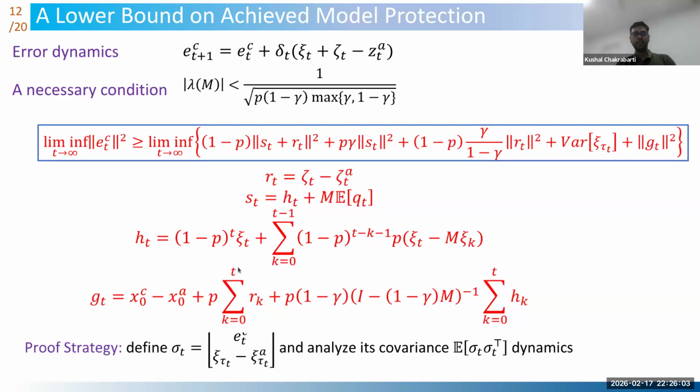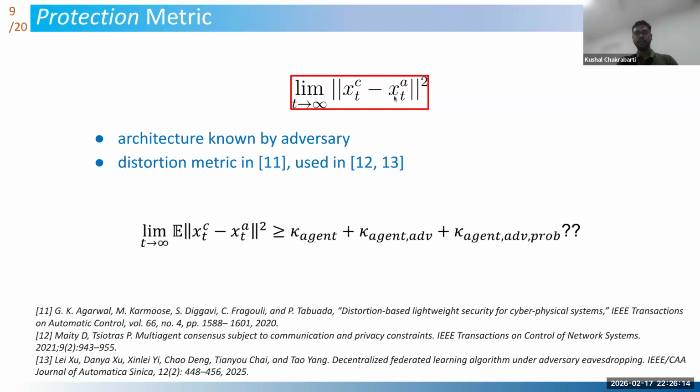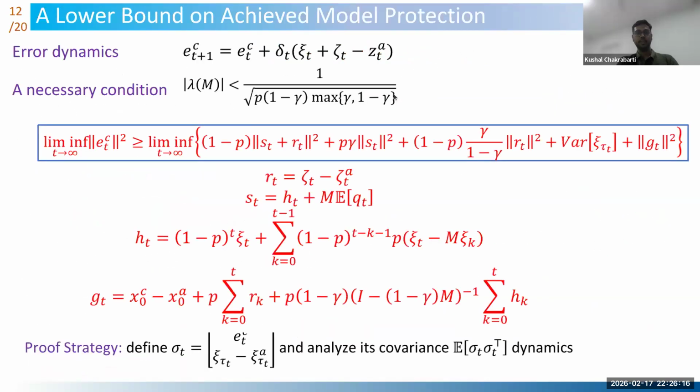Now, what kind of guarantee do we have for the protection in this model? Let us define an error, which is basically this x c t minus x hat t. Based on this adversary dynamics and the client model dynamics, you can come up with a recursion of the error.